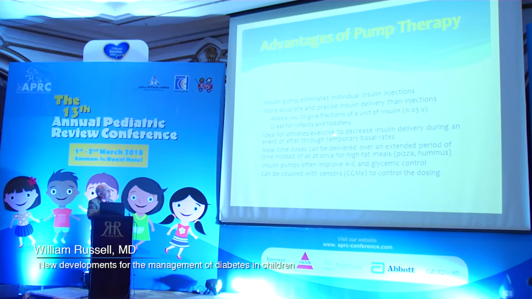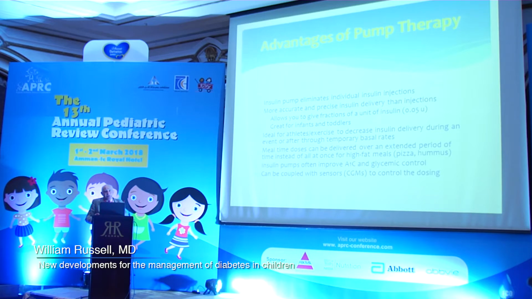It's ideal for athletes to decrease their insulin delivery during events. You can set temporary basal rates that are quite low if they're going to be doing cross-country running. As I mentioned, it's ideal for infants because you can give tiny amounts of insulin accurately. And another thing that you can do with a pump that you cannot do with a pen is you can set what's called an extended delivery.